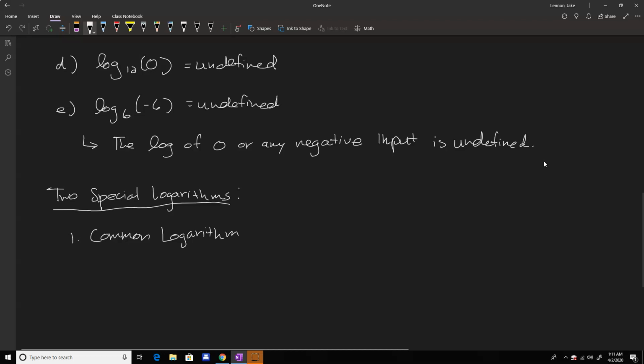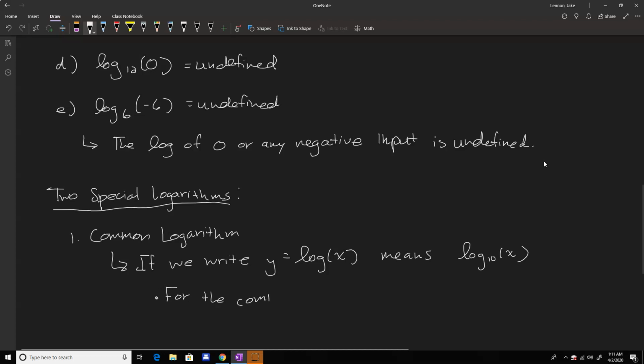So basically, if we write y equals the log of x with no base, this basically means log base 10 of x. So for the common log, the base 10 is not written, but just simply implied.